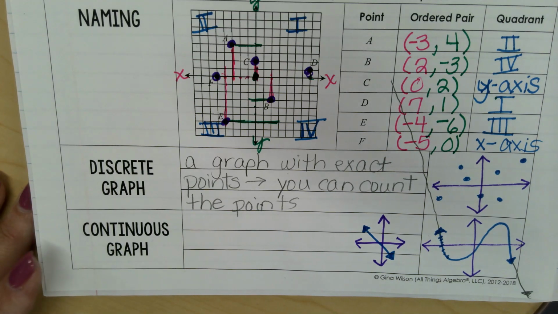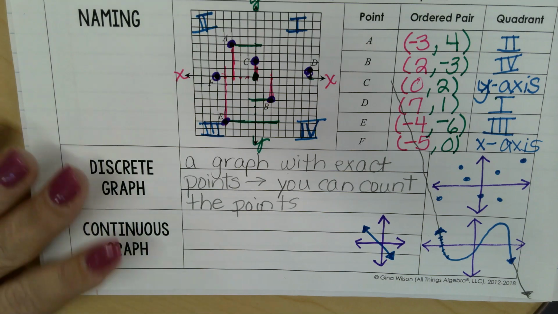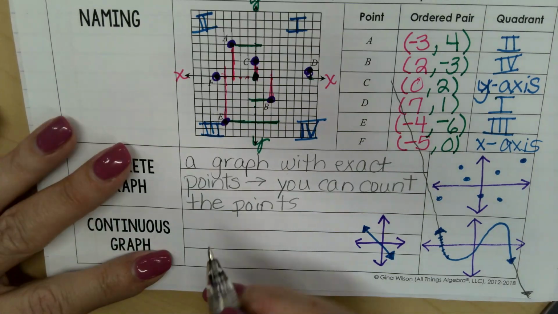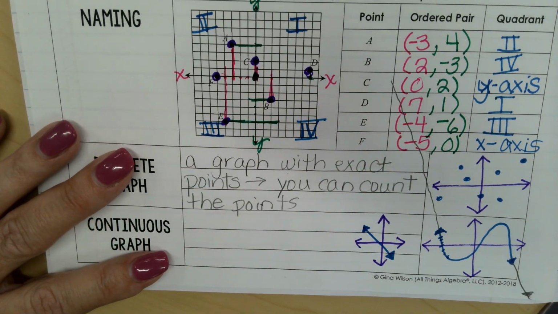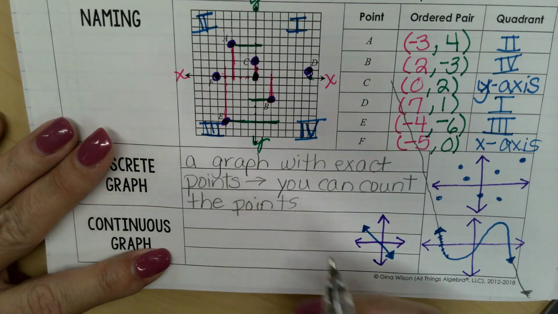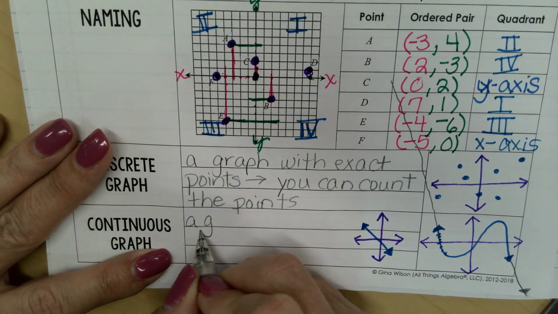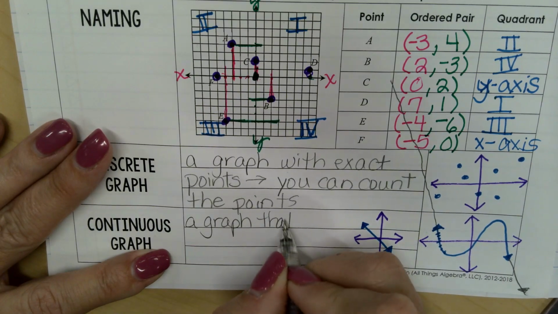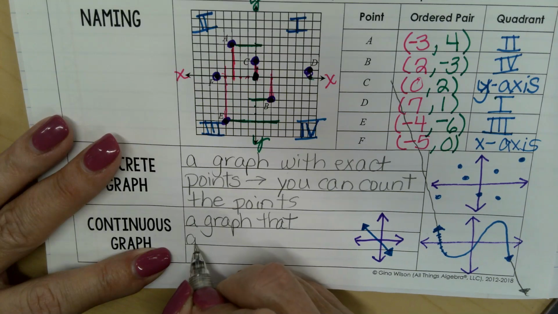All right, so a continuous graph, let's write a definition. Okay, so a continuous graph, what could we say? What do you think? A graph that keeps on. A graph that continues.